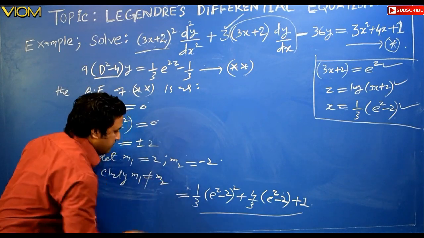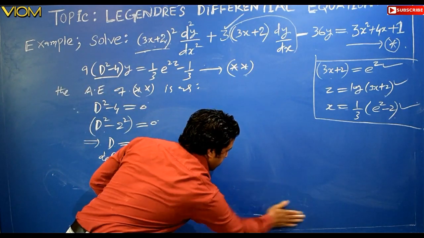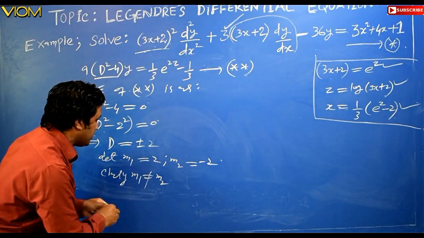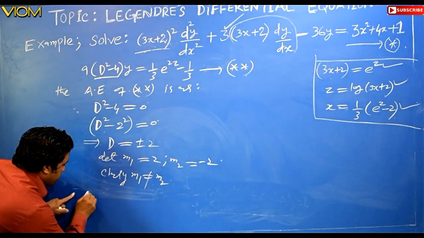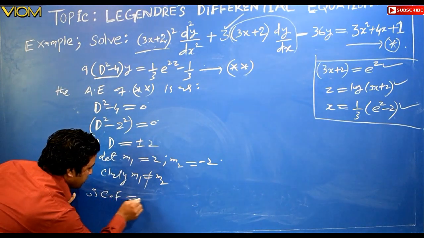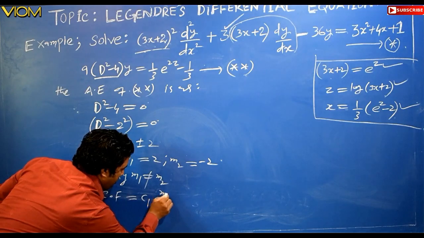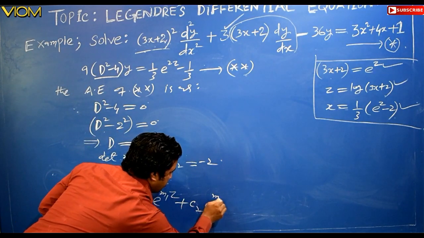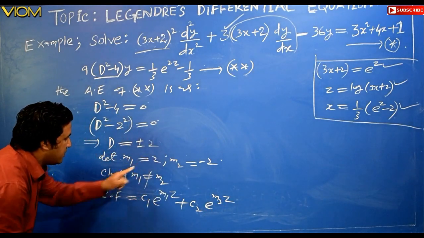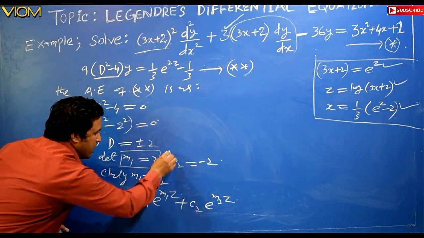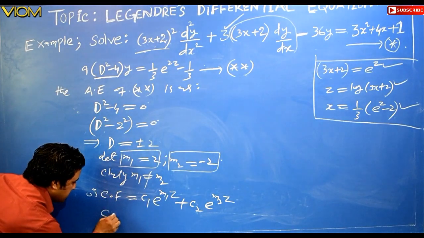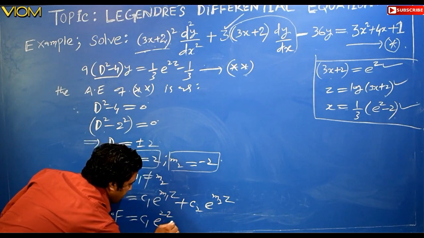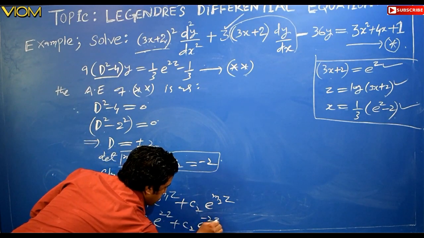Whenever m1 is not equal to m2, therefore the complementary function C.F. = c1 e^(m1 z) + c2 e^(m2 z), because there is a variable z. Insert the values of m1 and m2: m1 is 2, m2 is −2. Substituting, C.F. = c1 e^(2z) + c2 e^(−2z).